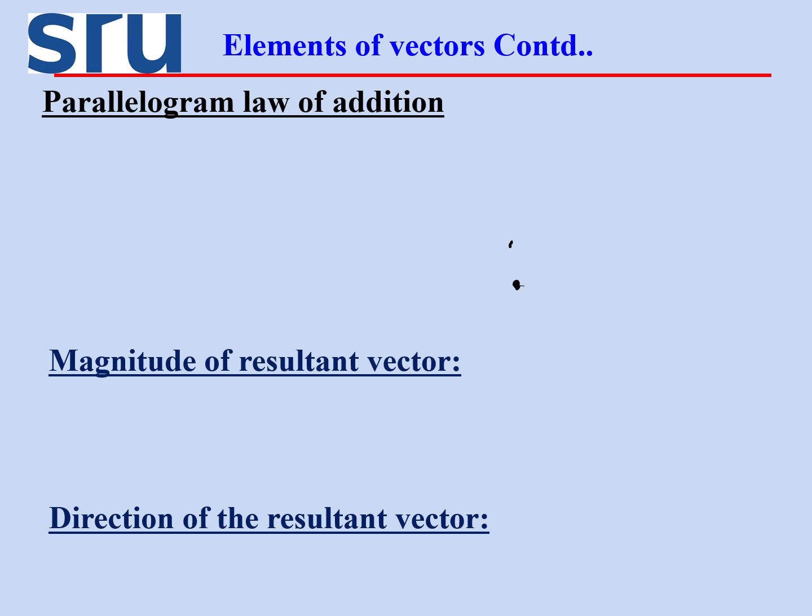For example, these two are adjacent sides of the parallelogram. Two vectors are considered, P and Q. The angle between them is theta.